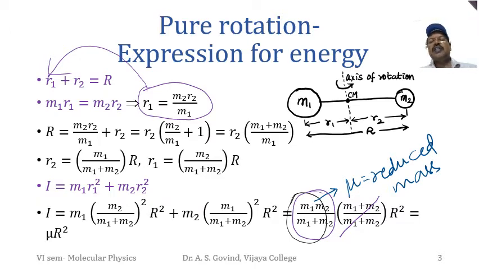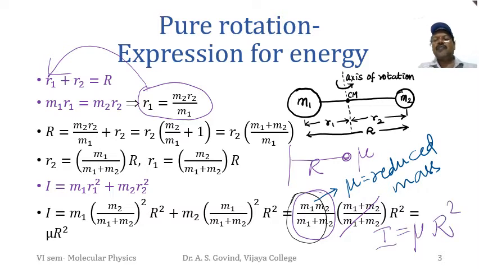The physical meaning is that it is equivalent to a single particle with the reduced mass at a distance R. That means instead of two molecules rotating about the center of mass, if we have the reduced mass at a distance capital R, it will have the same moment of inertia. So moment of inertia finally becomes mu r square. That is the final step after this derivation.